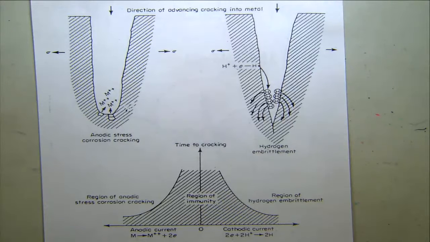Hydrogen ions in the solution plus electrons are generating hydrogen atoms that can be adsorbed into the material. So it's a cathodic process, entirely separate. There are situations where you get changes in polarization, so that you might go from one anodic situation to a cathodic situation over a period of time, but the two mechanisms themselves are very much separate.